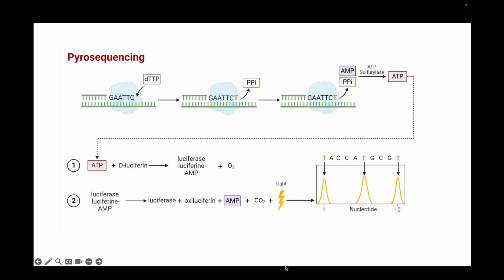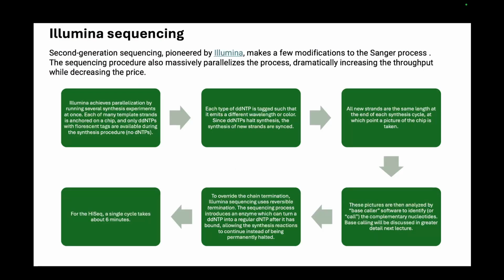At every peak you know what nucleotide has been added, so you can combine them one after another and get the whole sequence. This technology has been no longer in use since around 2007 or 8, but it is one of the earlier NGS technologies that was quite famous at that point of time.